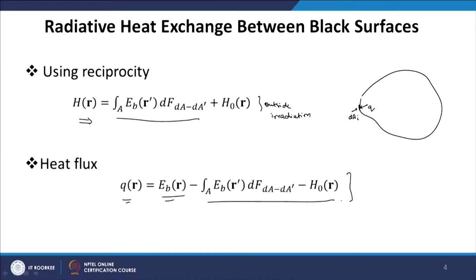So, this is basically the expression for heat flux on a black enclosure at any location R. Heat flux at any location R depends on the amount of energy emitted from that location minus the total amount of energy received at that location from the entire enclosure and outside irradiation.